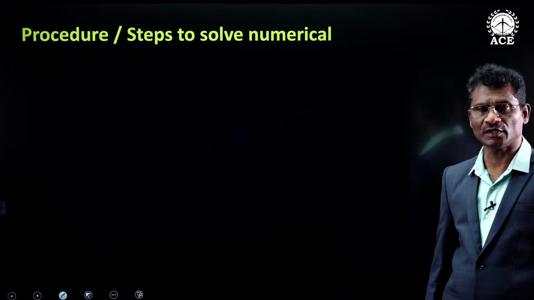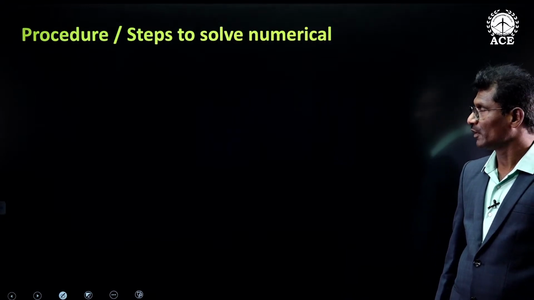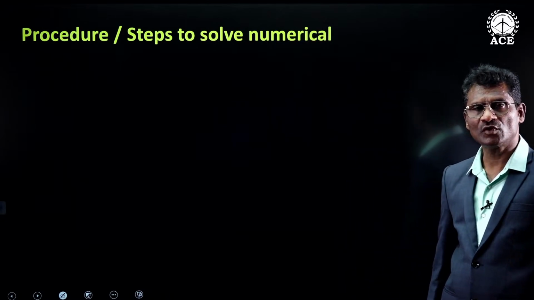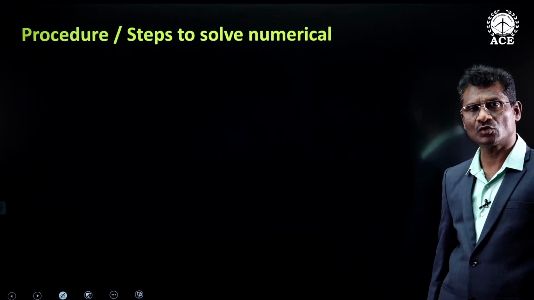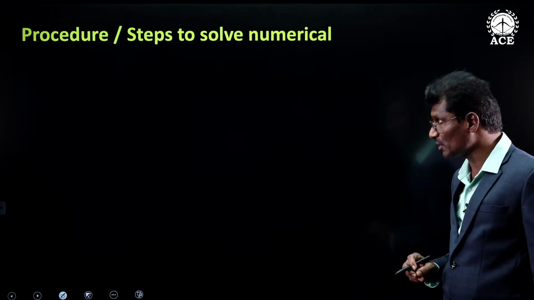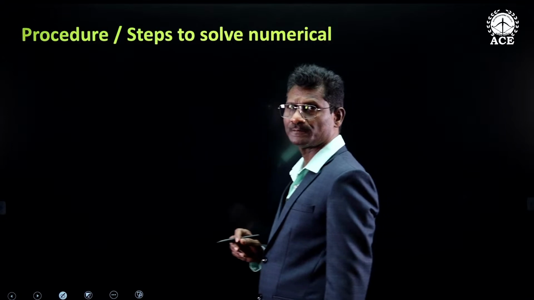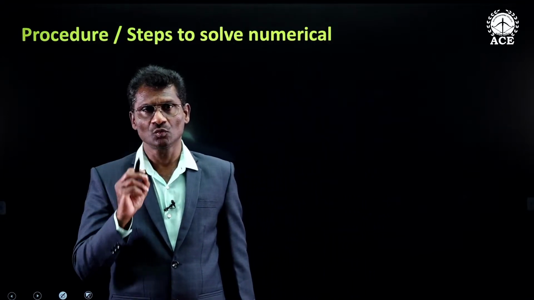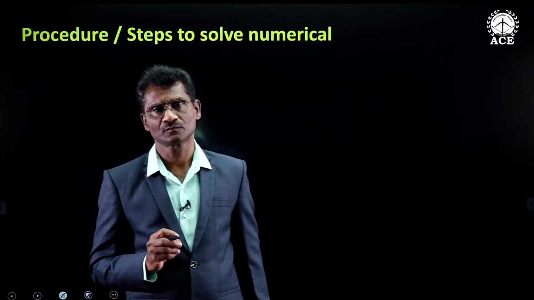Now we move on to the numerical related to dynamic resistance of a PN diode. Before going to the numerical, first of all, I'll give you a procedure or steps to solve a numerical. Here, to all the students, I want to give one important suggestion.